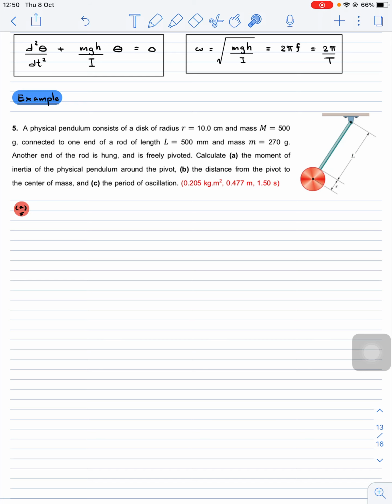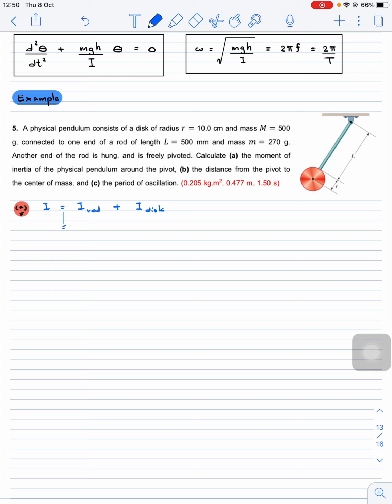We can say that the I of the system is equal to the moment of inertia of the rod plus the moment of inertia of the disc. So for the rod, the moment of inertia of the rod is equal to what?